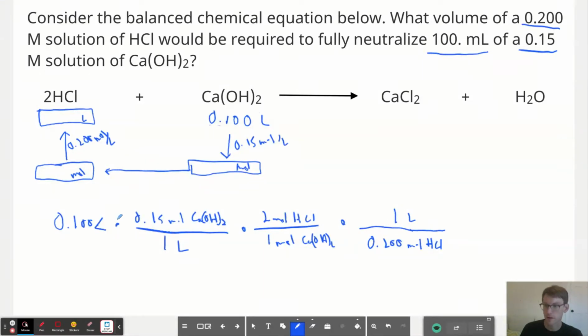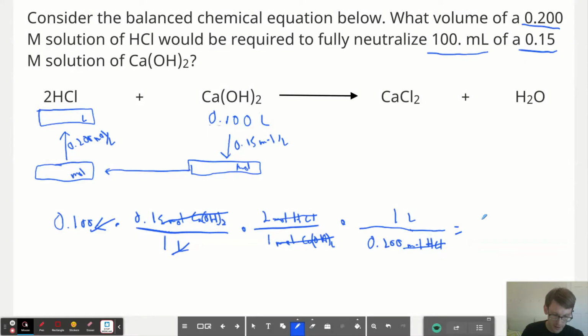So just running through this, we have 0.100 liters of our calcium hydroxide. Our liters cancel out to give us moles of calcium hydroxide. Our moles of calcium hydroxide cancel out to give us moles of HCl, and our moles of HCl cancel with the reciprocal of the concentration that we've done here.